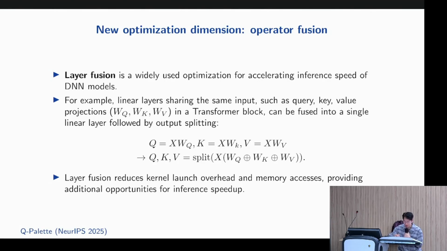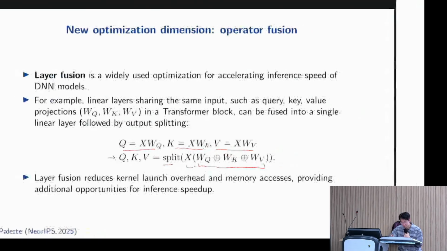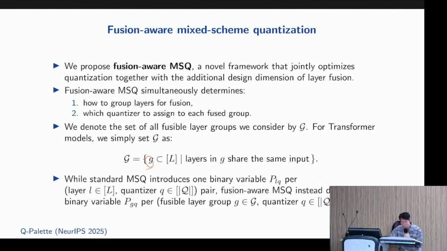This is mathematically equivalent: as opposed to doing 3 matrix multiplies with small matrices, can you just concat them, do 1 matrix multiply, and split the results? So as opposed to looping over or grouping the variables in terms of layer ID, you can group the layers that are mergeable.